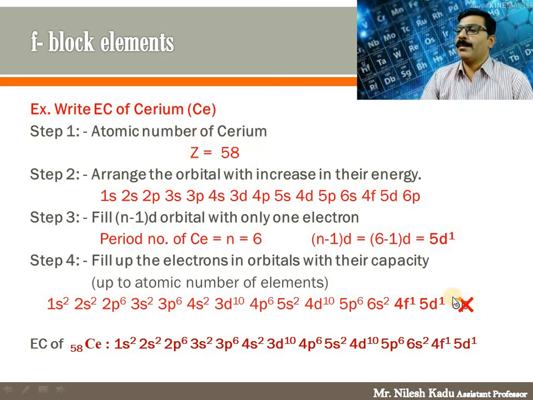And the remaining orbitals you have to ignore. Just this 6p orbital you have to ignore. And the complete electronic configuration of cerium is 1s2, 2s2, 2p6, 3s2, 3p6, 4s2, 3d10, 4p6, 5s2, 4d10, 5p6, 6s2, 4f1 and 5d1.